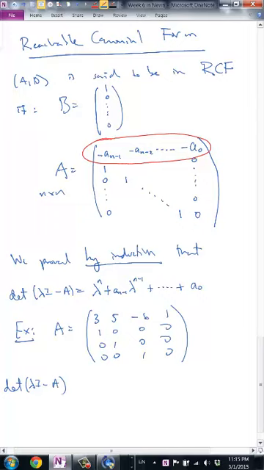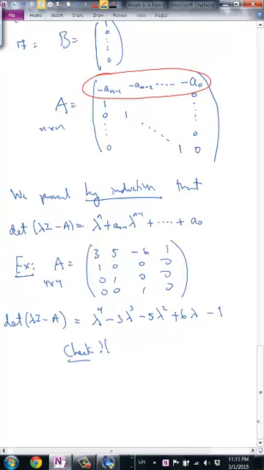But using the induction proof from class and the result above, we know that this is equal to lambda to the 4, because this is a 4x4 matrix, minus, note the sign flip, 3 lambda cubed minus 5 lambda squared plus 6 lambda minus 1. And you can check this to see that in fact this is true.